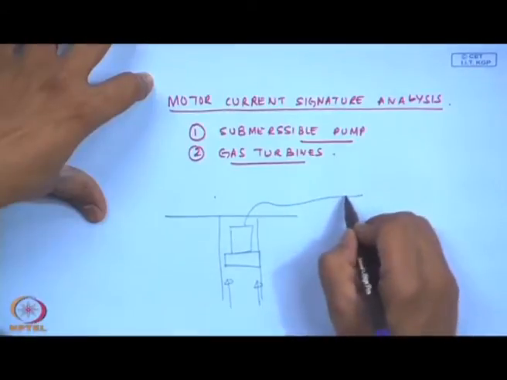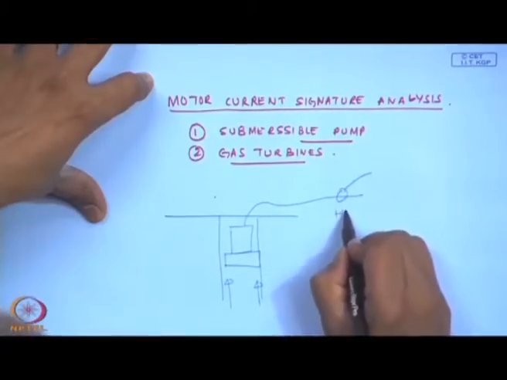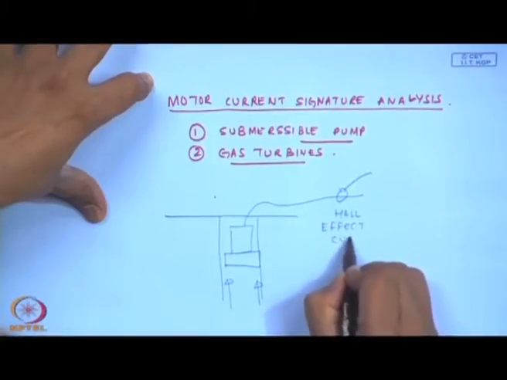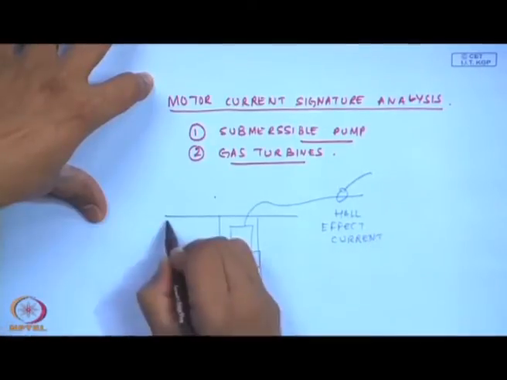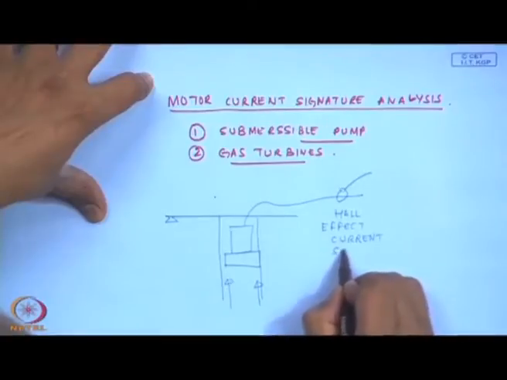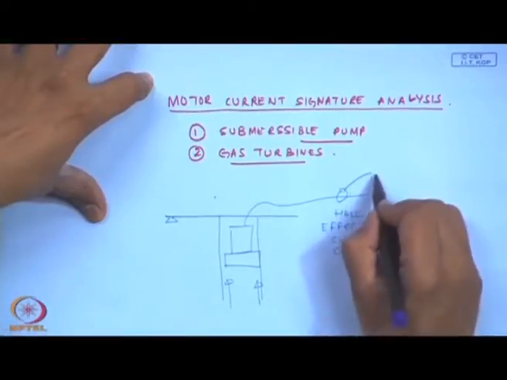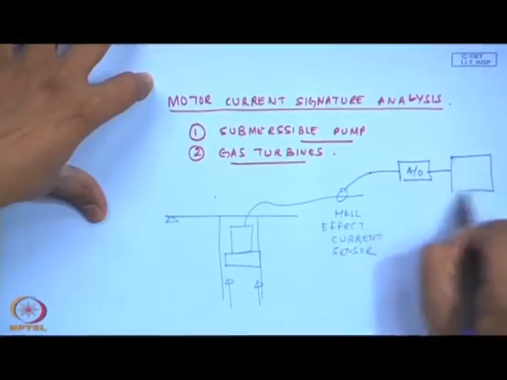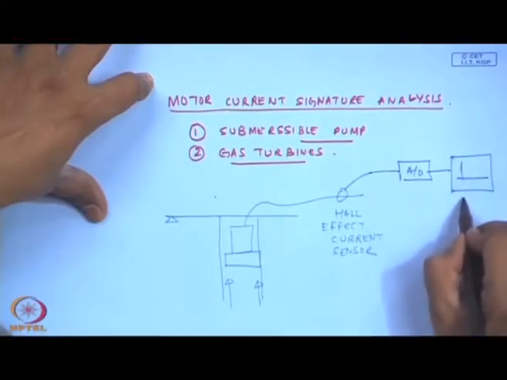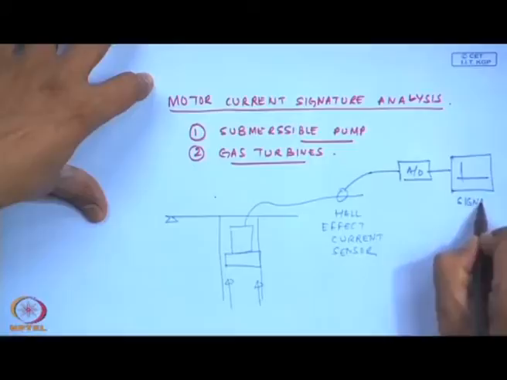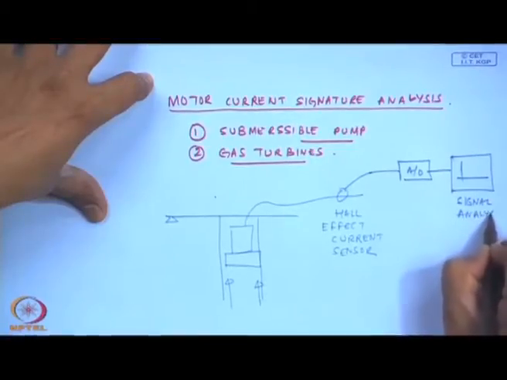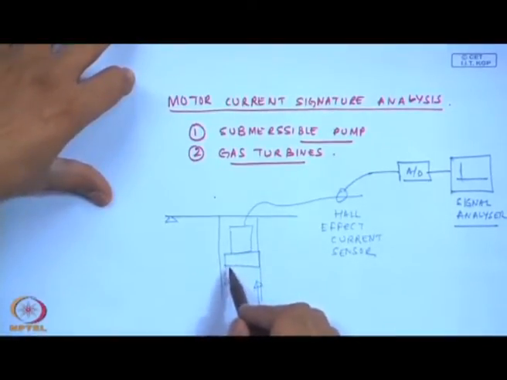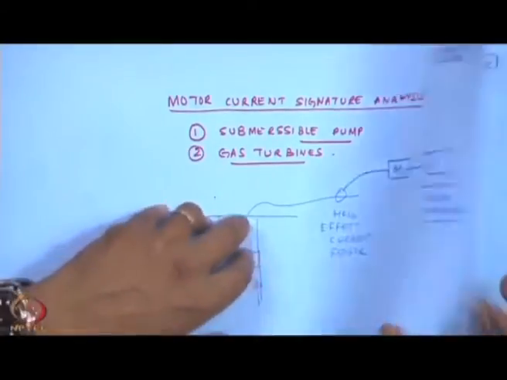All we require is a Hall effect current sensor, and then we can have an A-to-D process and signature analysis. And this could be under the ground, so we need not worry. The same is true for turbines.